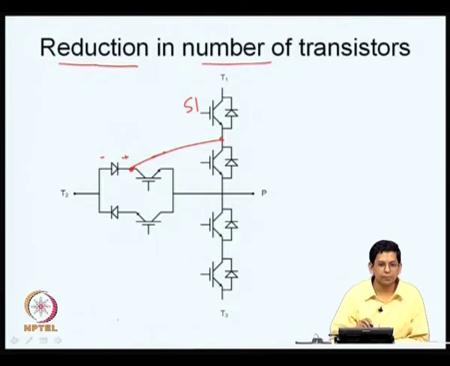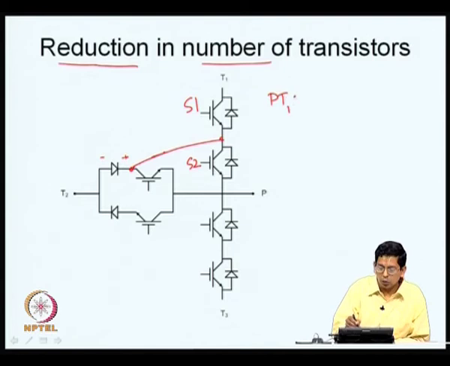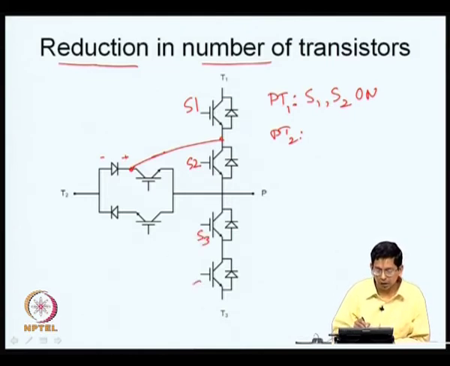It can still work. For pole P to throw T1 to be connected, S1 and S2 are on. For pole P and throw T2 to be connected, you have S2 on, and let us call the others S3 and S4.